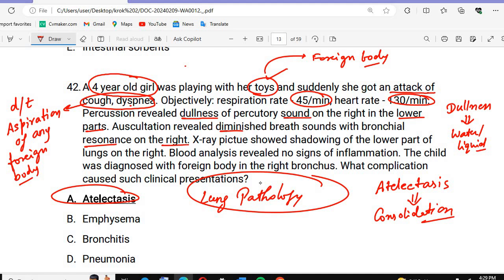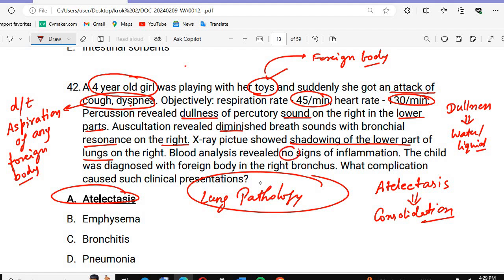X-ray showed shadowing of the lower part of the lungs on the right. Shadowing means the whitest part will be there. So always remember the patient has something, water, liquid, or solid mass, which gives dullness when we do percussion.